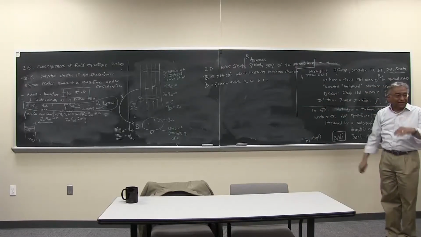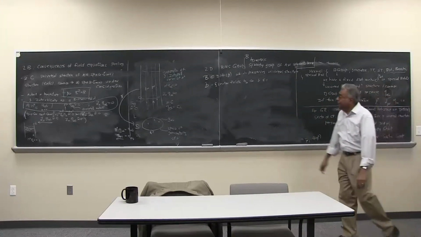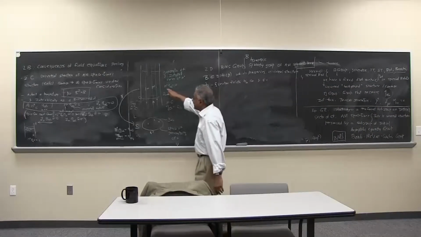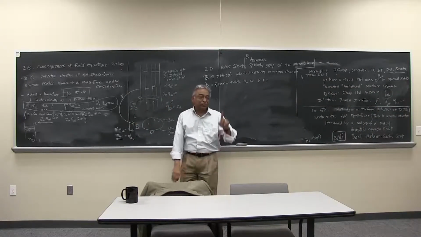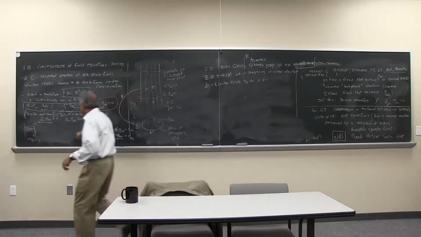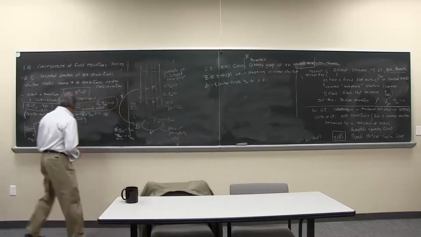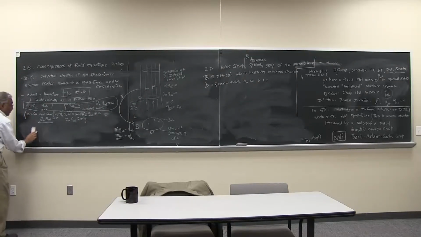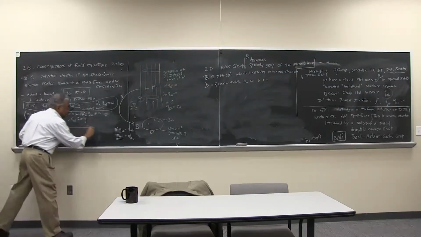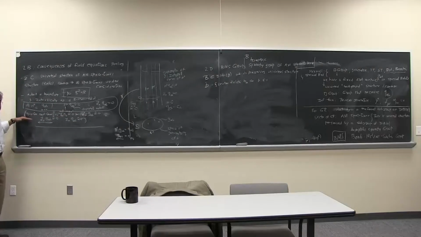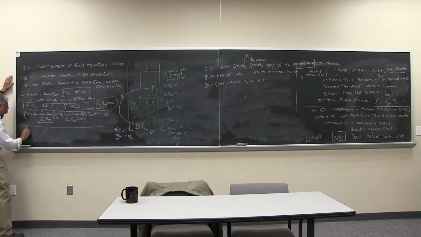But I'm sorry, I realized just a minute ago that I actually did not finish specifying the universal structure. There was one subtlety that I left out. That is why I left this room up here, but I forgot to mention that subtlety. And that subtlety is the following. Sorry, I'm going back for just a minute to the universal structure up here. You know that in the physical spacetime, the physical metric is G hat AB.